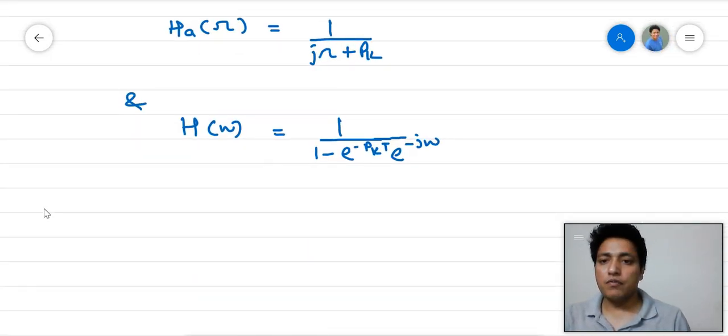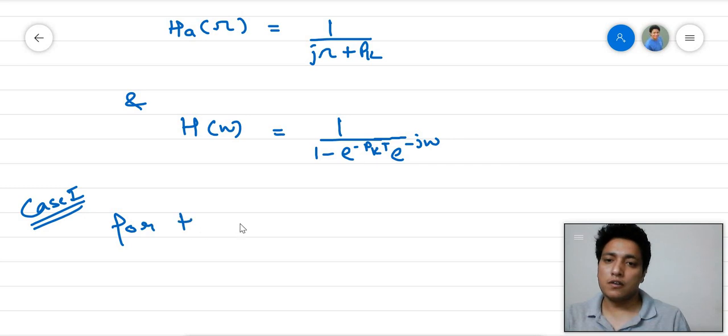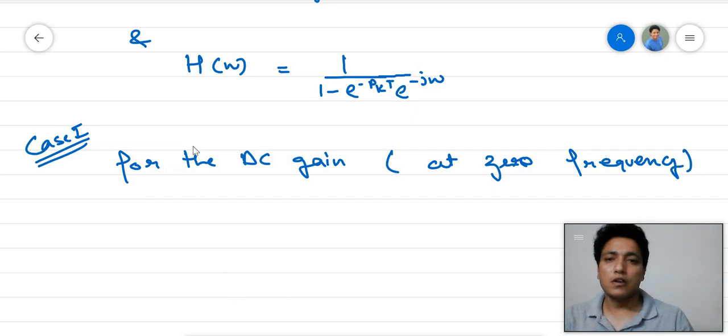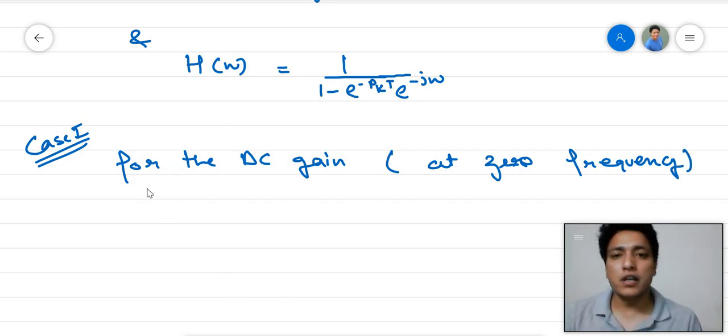The first case we are taking is case 1, for the DC gain at zero frequency. So we want to match the analog response with the digital response.